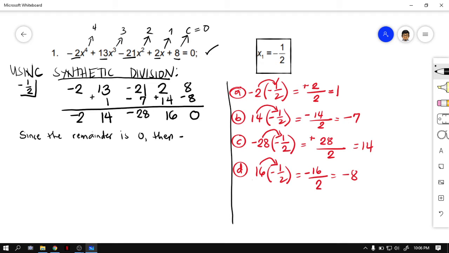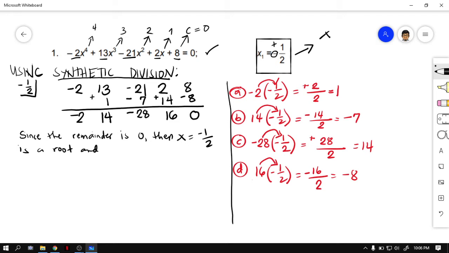negative 1/2. Sulat natin po. X. Then, x is equal to negative 1/2 is a root. And, paano kunin yung factored form ng negative 1/2? So, x, bali magiging x, gawin mo itong positive.